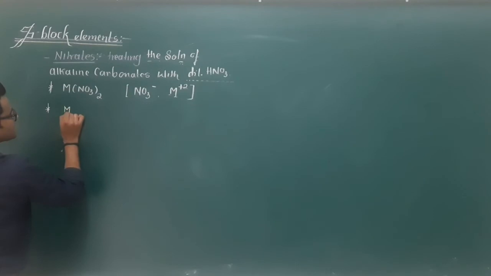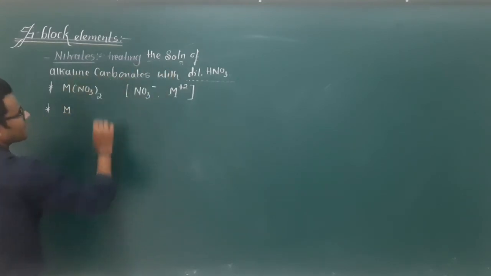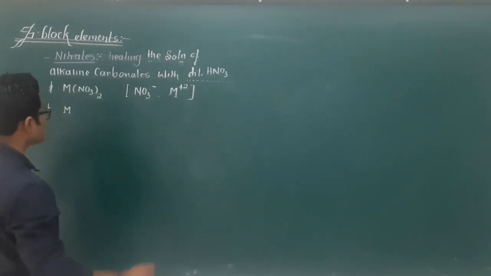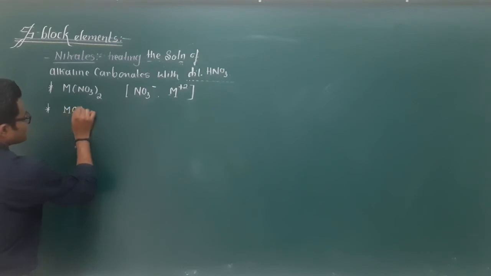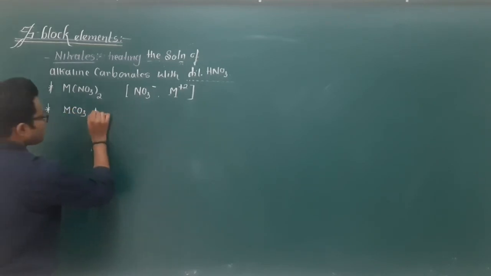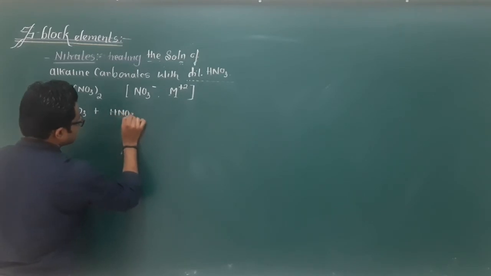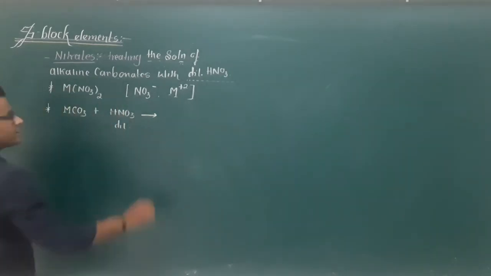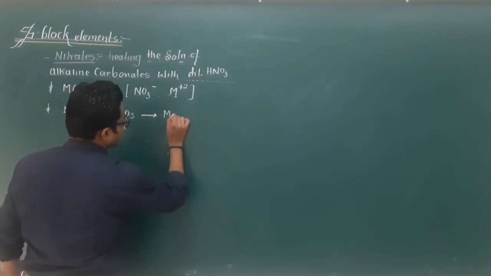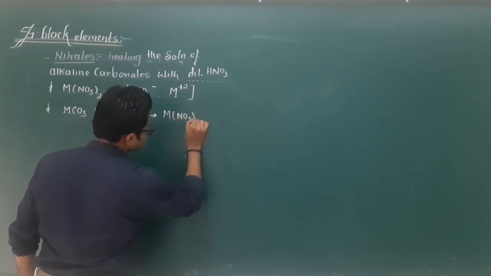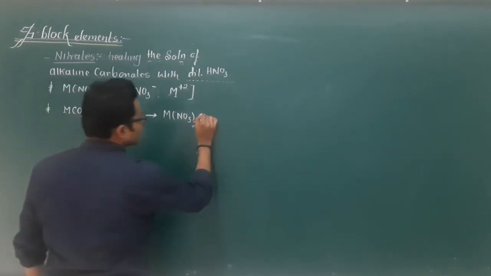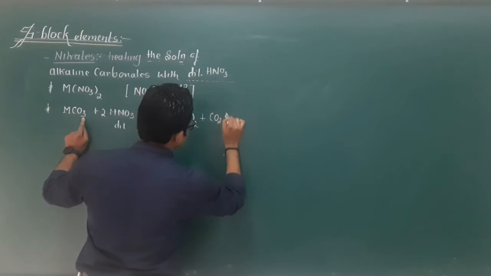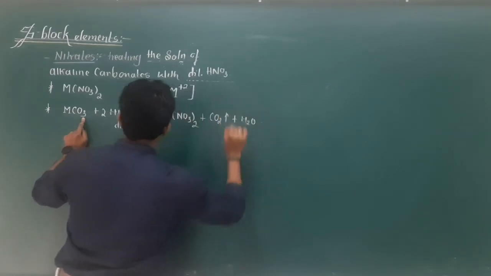Whenever we have metal carbonates, reacting these with dilute nitric acid, if I take MCO3 plus dilute nitric acid, as these react, it is going to give me M(NO3)2. Along with this, there is liberation of carbon dioxide plus water.